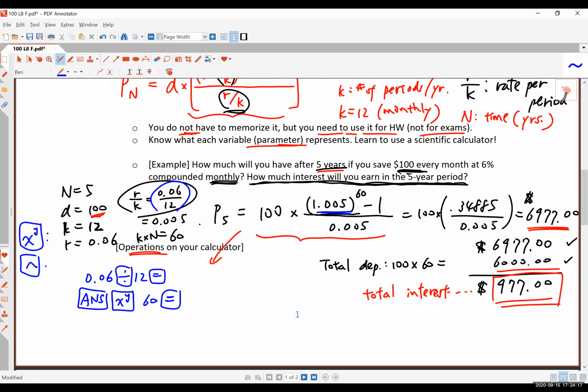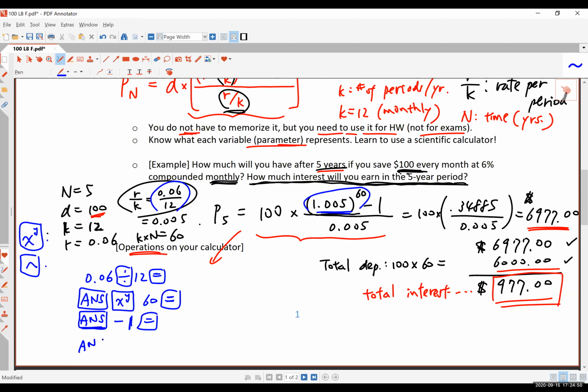By the way, the equal sign here, sometimes your calculator may have something else instead of the equal sign. But anyway, this is how you will get this part. Okay, and then of course you get the answer and subtract 1 from it. You may not even have to press this enter thing. All you have to do is subtract 1 from it. Okay, and then you put your equal sign, and that's going to give you the numerator, right?